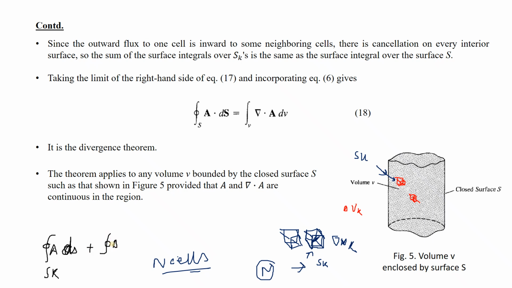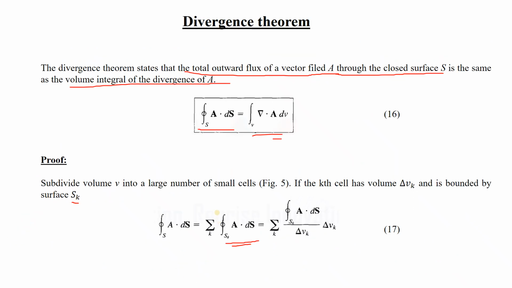Now this is Sk, so this is one particular cell, and there will be a second one, then a third one, and so on, n number of cells like this. If you add the surface integral for each cell, we get a summation.